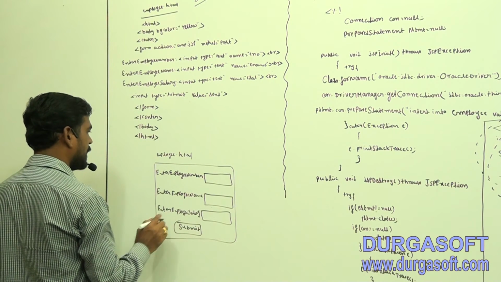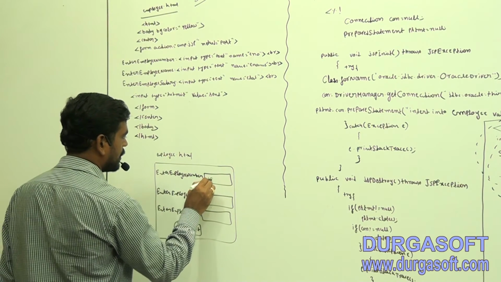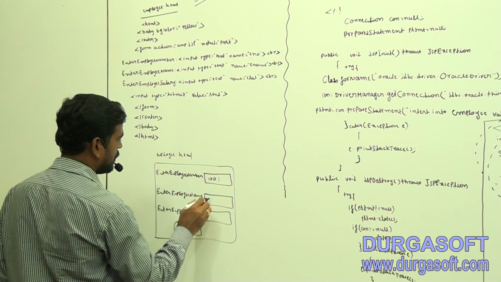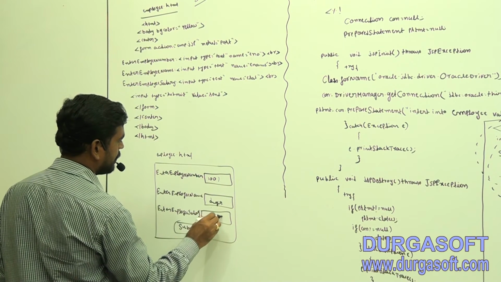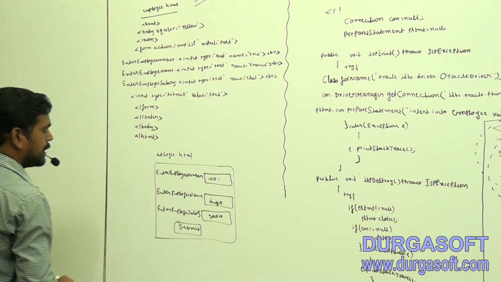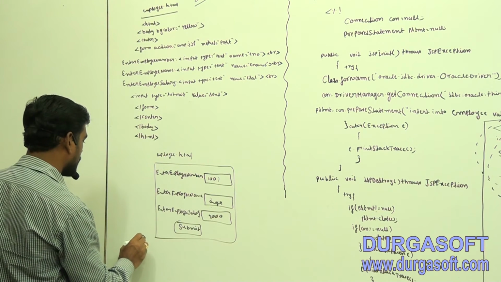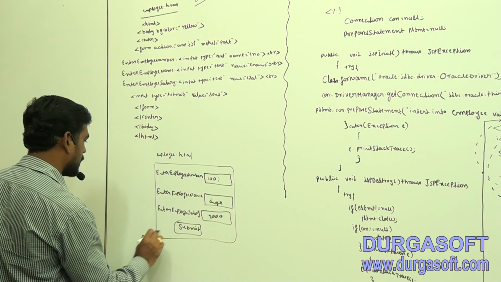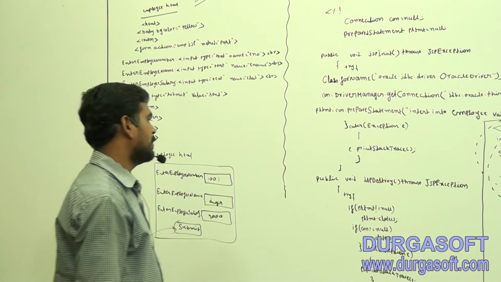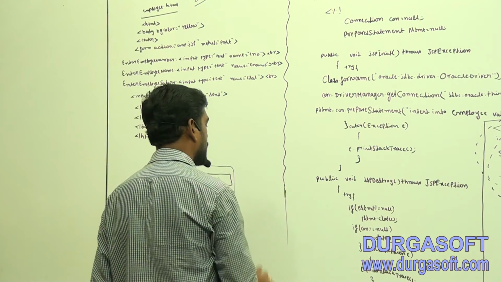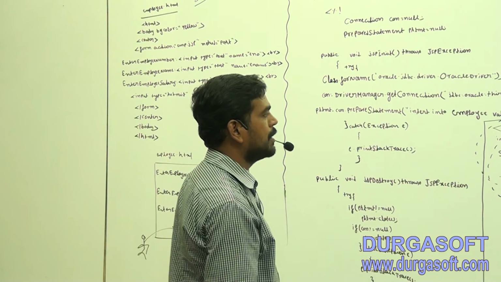Whenever the end user enters some values, 1001, the next Durga, salary is 2000, and clicks the submit button, these values go from the browser side to the server side.